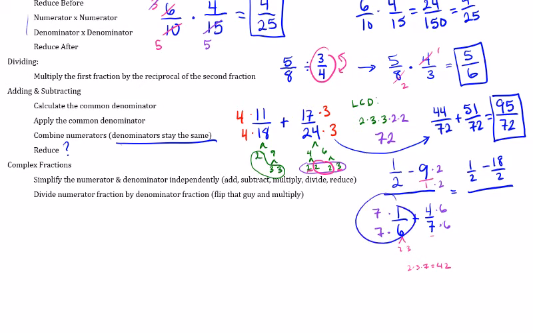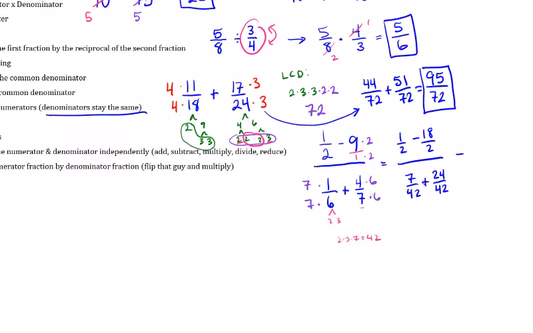So this would turn into 7 over 42 plus 24 over 42. And what we'd end up with is negative 17 over 2, and on the bottom 31 over 42.